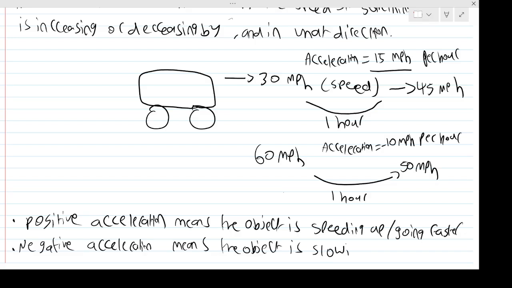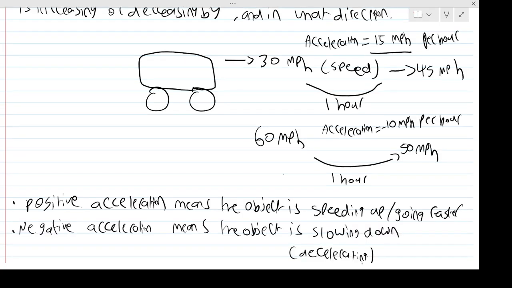Right? And actually this is called deceleration as well. So if something is decelerating, so when we have negative acceleration, when something is slowing down, that's deceleration. Okay? And again, because we're going to have positives and negatives, we take into account if it's slowing down or speeding up in a particular direction.